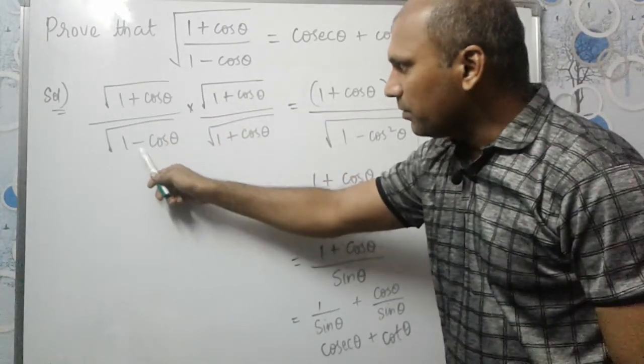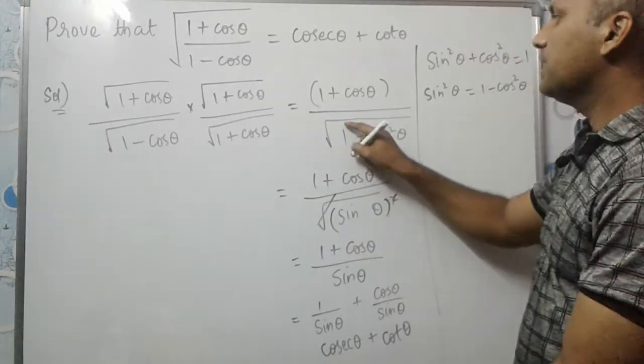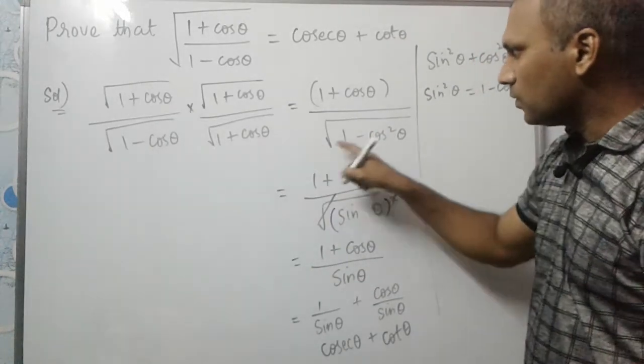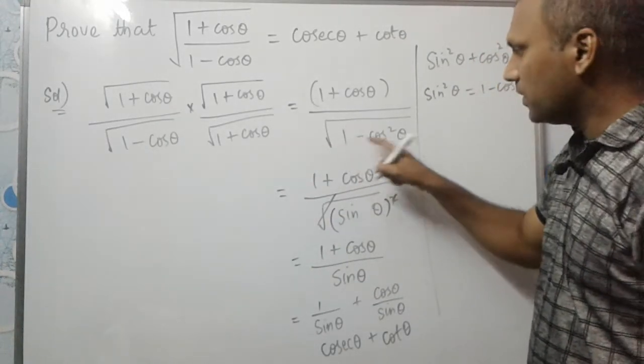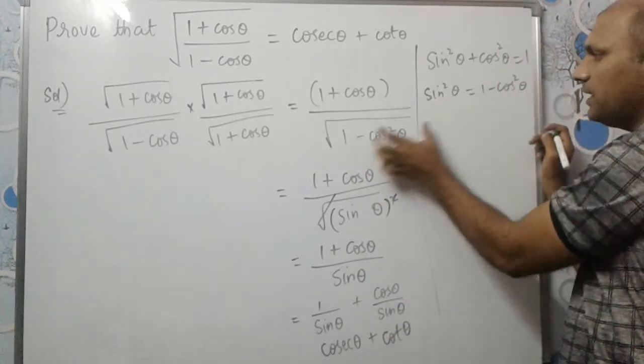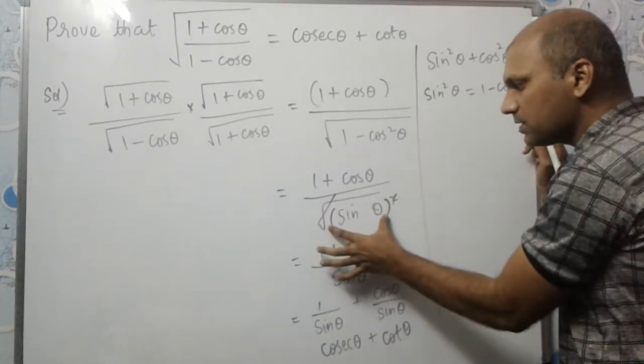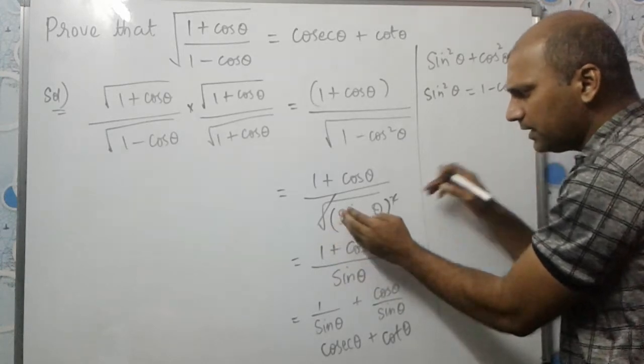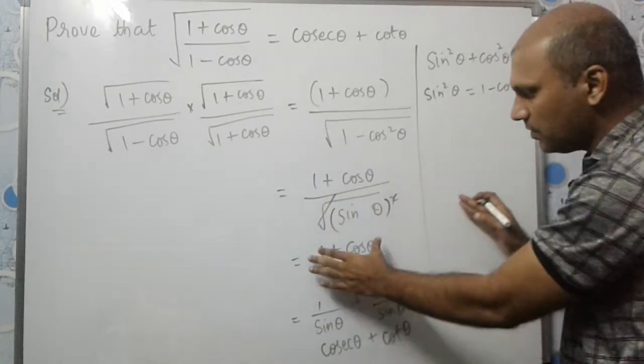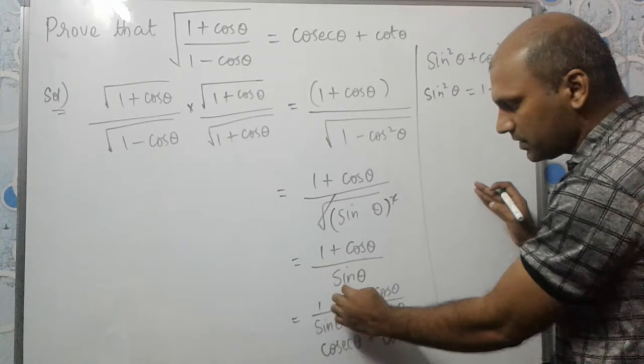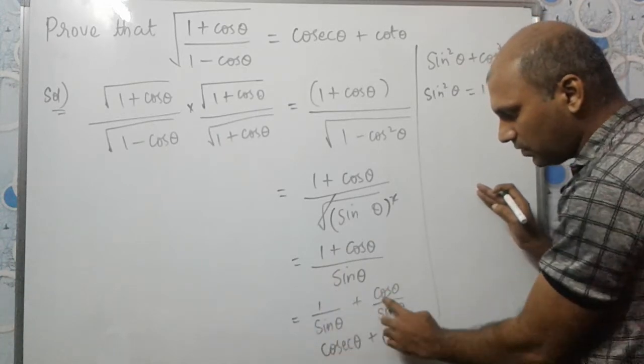The denominator is of the form (a minus b)(a plus b), so we wrote a square minus b square inside the root; 1 square is 1. We used the identity and in place of 1 minus cos square theta we wrote sin square theta. Square and root cancelled, giving 1 plus cos by sin, so we separated it: 1 by sin is cosecant, cos by sin is cot.